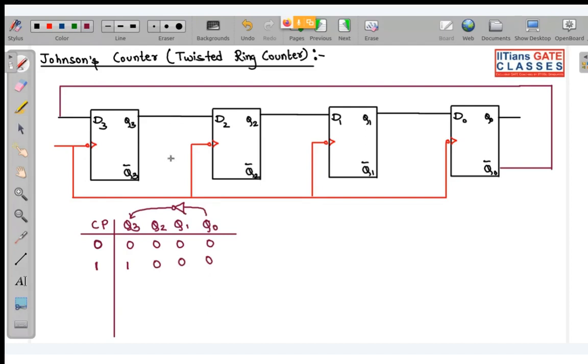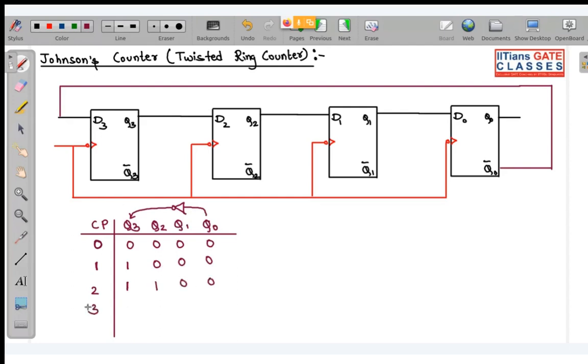Now I am not writing the next state equation; you can write it yourself. So at the first clock pulse, this becomes 1, 0, 0, 0. In the second clock pulse, once again this has to be inverted, and the bits will be shifted. So this will become 1 because there is an inverter over here, and this 1 will be shifted over here, and this 0 is shifted over here.